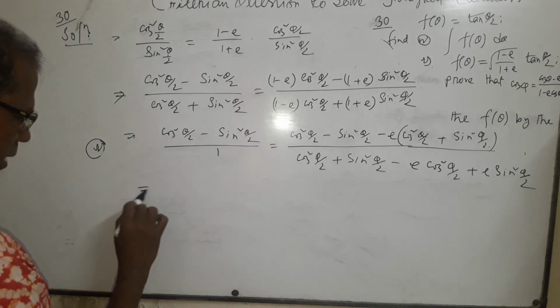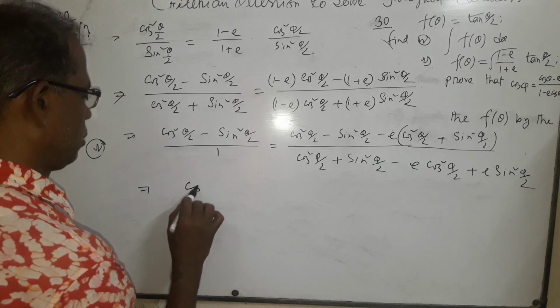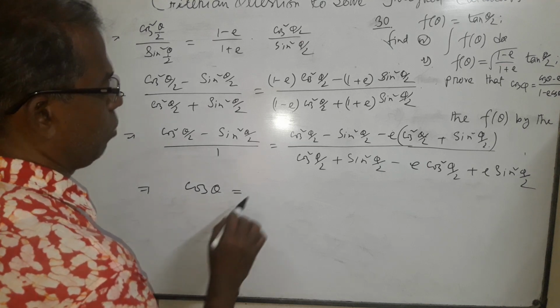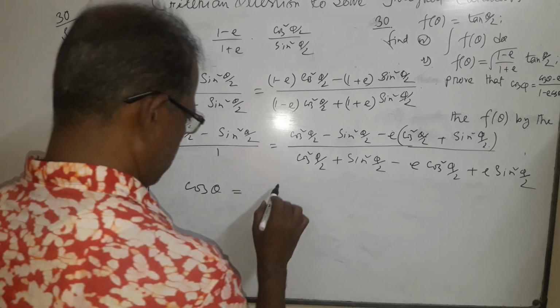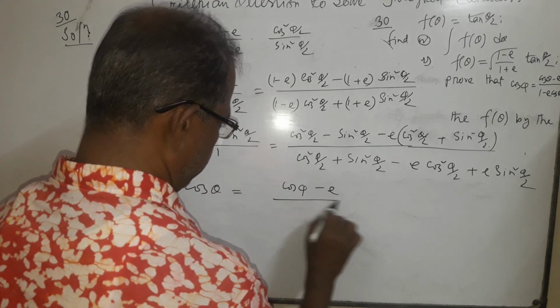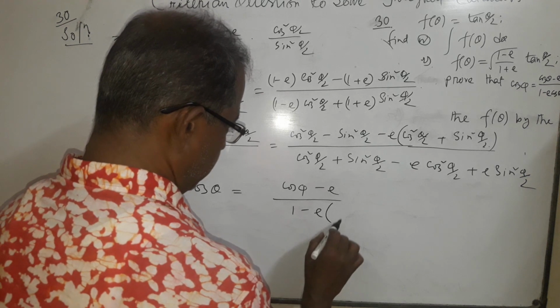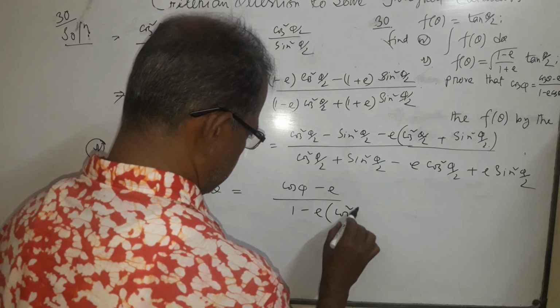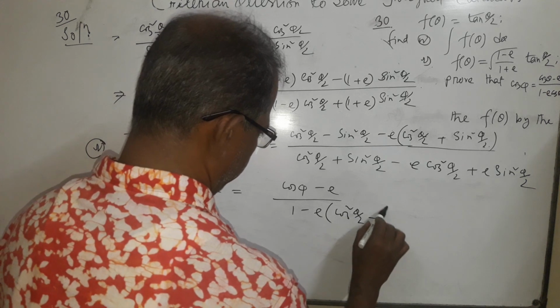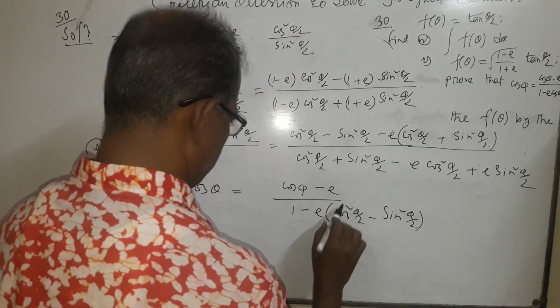Well, that's why we have to prove that cos theta equals cos pi minus e divided by 1 minus e, which is cos square pi divided by 2 minus sin square pi divided by 2.